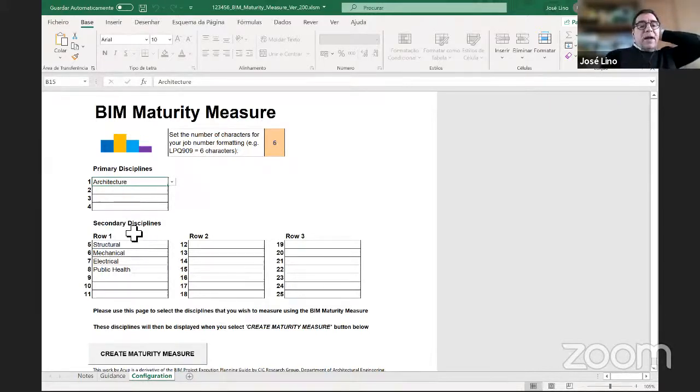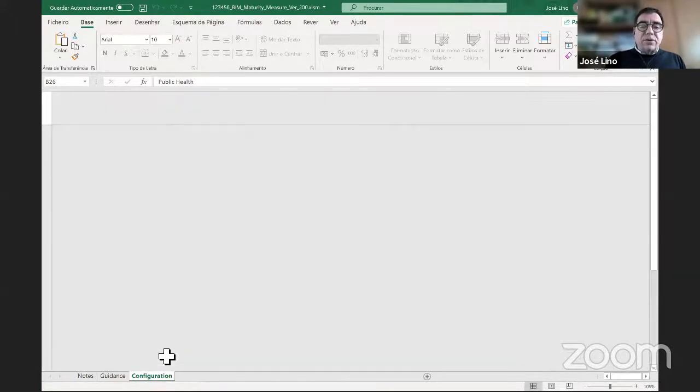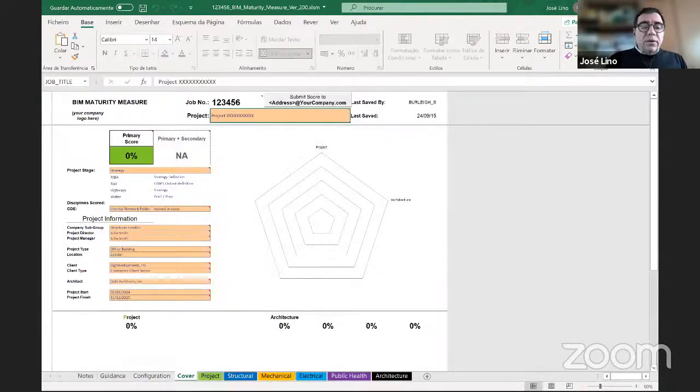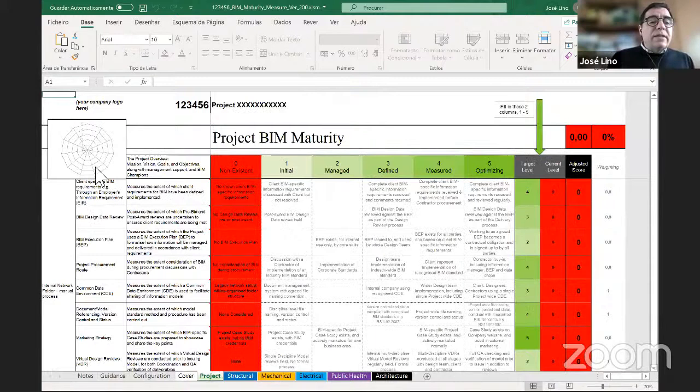And when you define secondary disciplines, structural, mechanical, electrical, public health, for instance, you start to create your maturity measure, and you go through your project, and you can start measuring and defining where you are. And for each, you can see here a radar graph, and for each one of the lines, for instance, client specifies BIM requirements, for example through an employer's information requirement known as EIR. Where are we? Non-existent or initial or managed or defined or measured or optimized, okay?